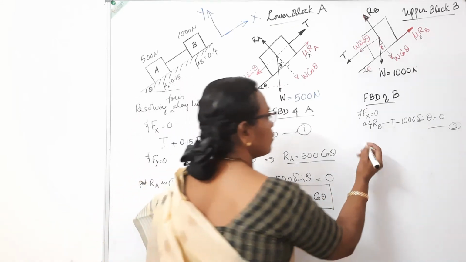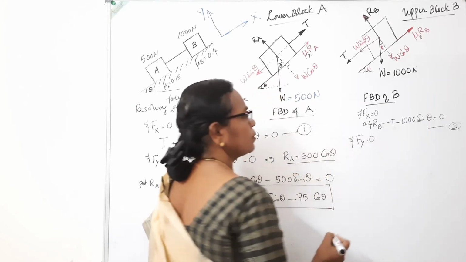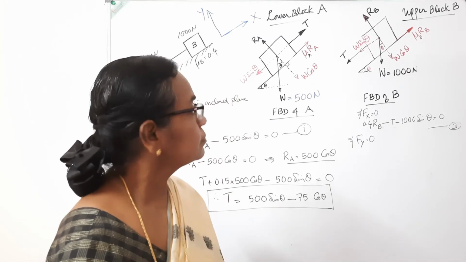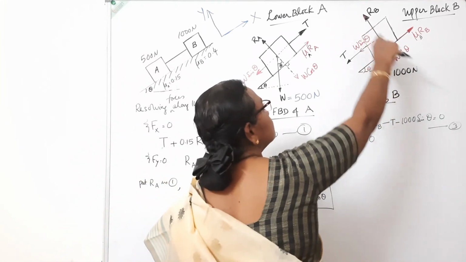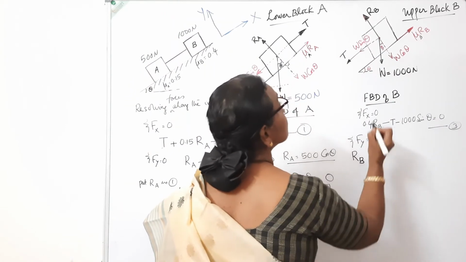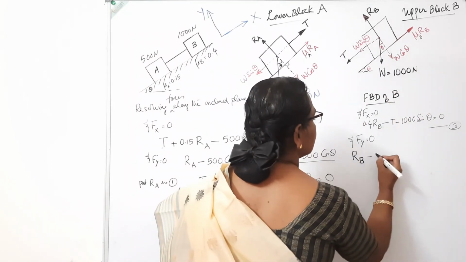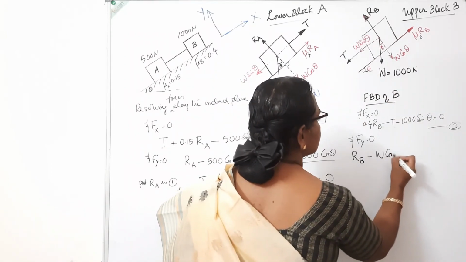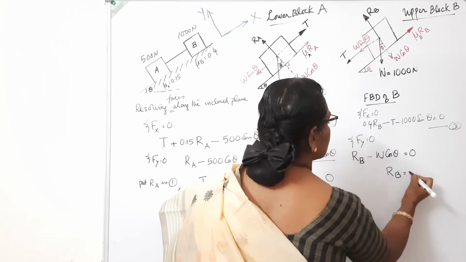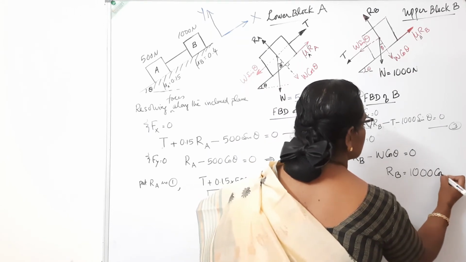Now let us write sigma Fy is equal to 0. Considering vertical equilibrium, forces acting upwards, RB, and W cos theta acting downwards, minus W cos theta is equal to 0, or RB is equal to 1000 cos theta.